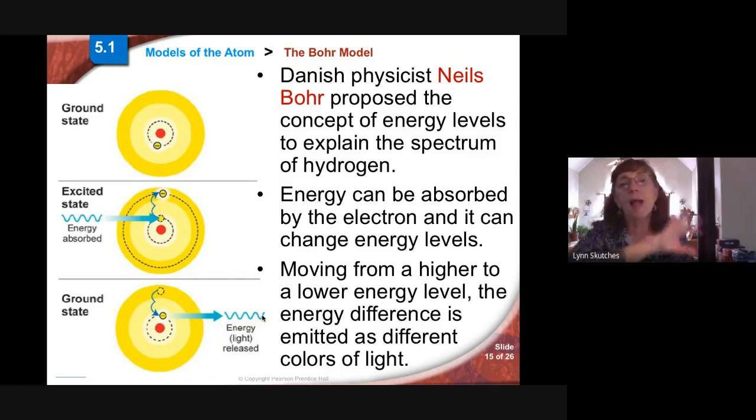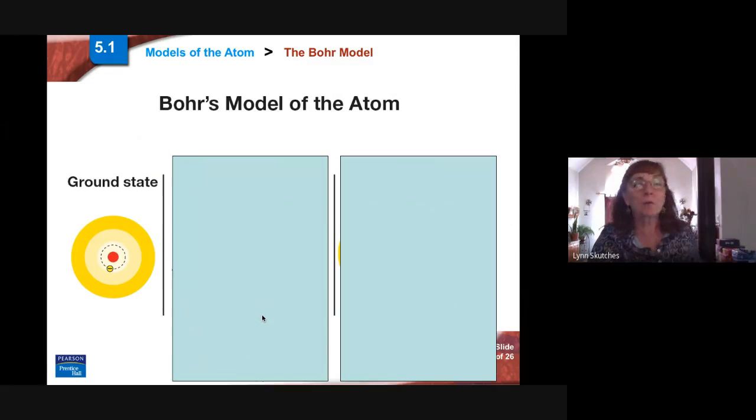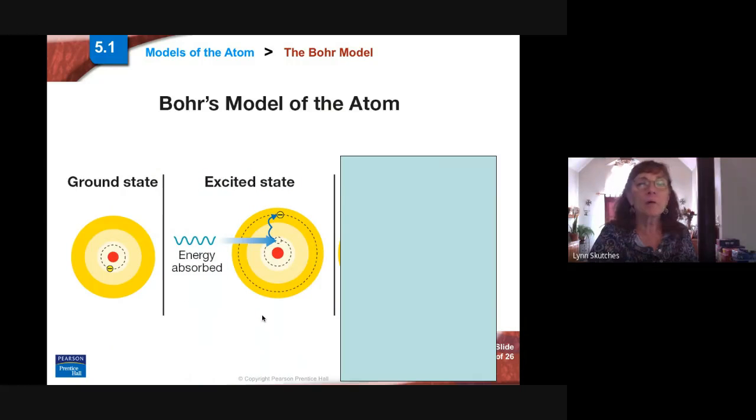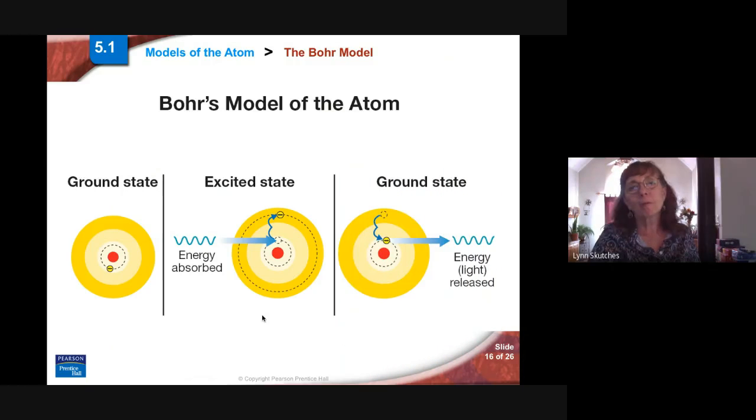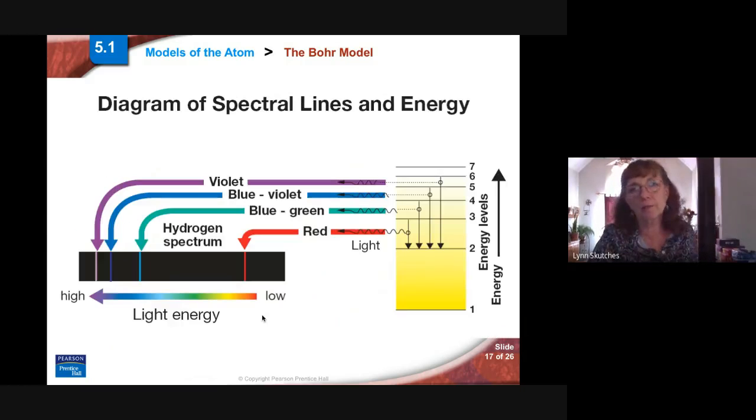But the energy that goes in comes out. If you're lucky, you get to see it. Okay, so again, ground state, incoming photon of energy excites the electron, bumps it up a level. That electron gives it back off, and light of some sort is released.